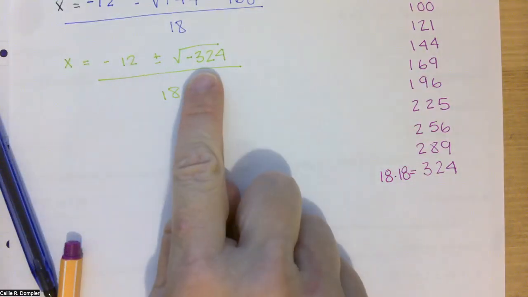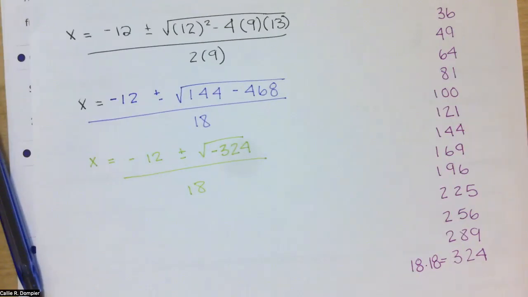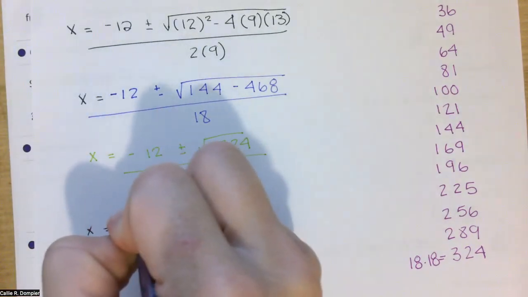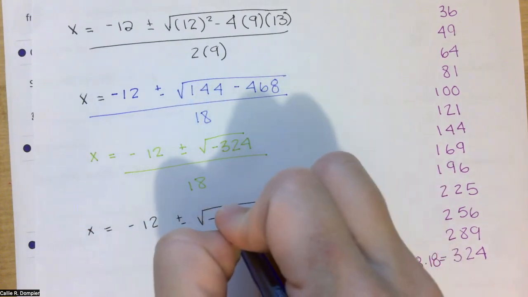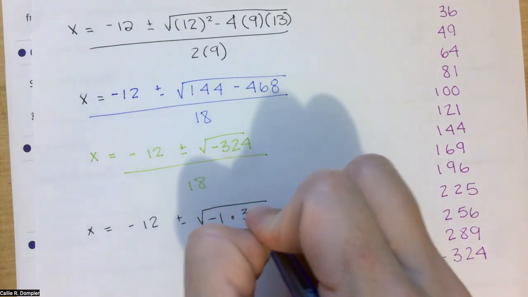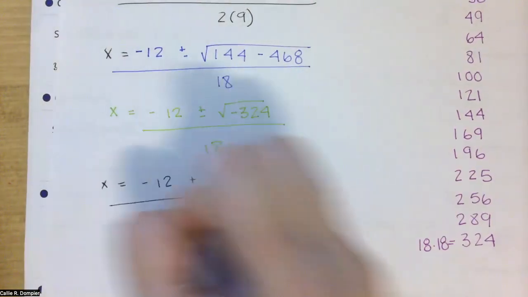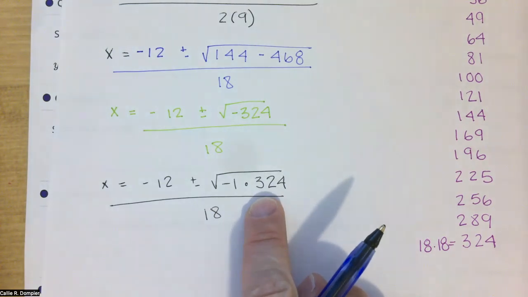So you can say negative 324 is negative 12 plus or minus negative 1 times positive 324. The square root of negative 1 is going to change to I, right? And the square root of 324 we just learned is 18.